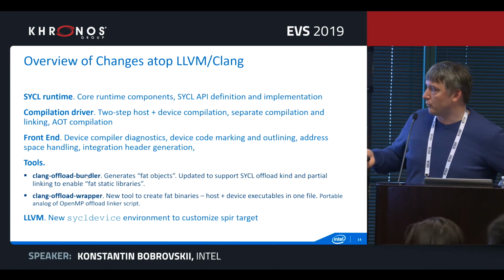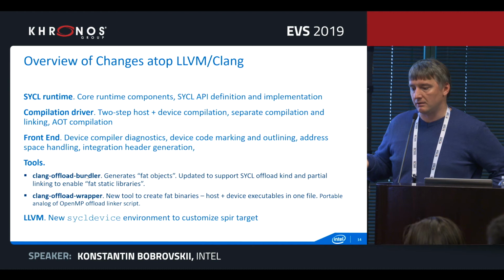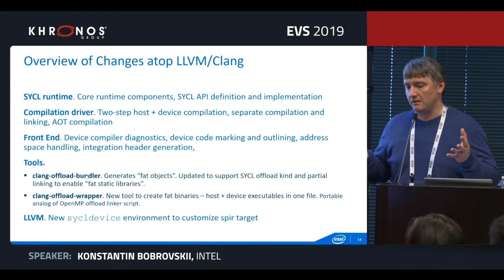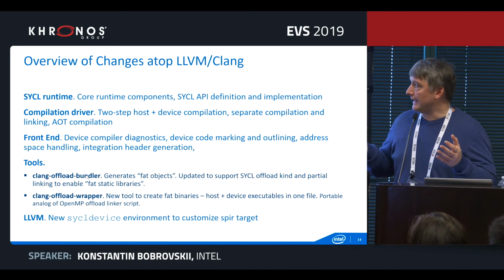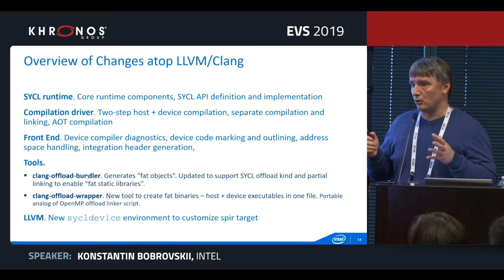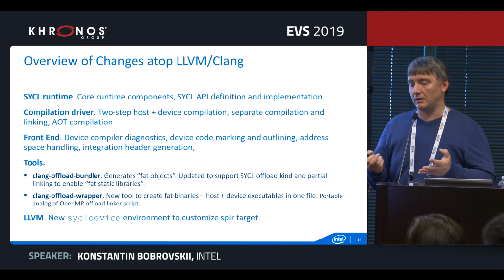The next tool is the Clang offload wrapper. It's a new tool. Its function is to take multiple device executables and wrap them into a host object file, which is then passed to the linker to create the final fat binary.